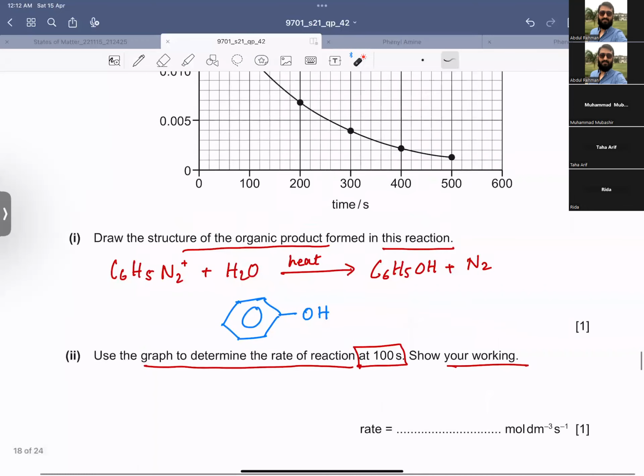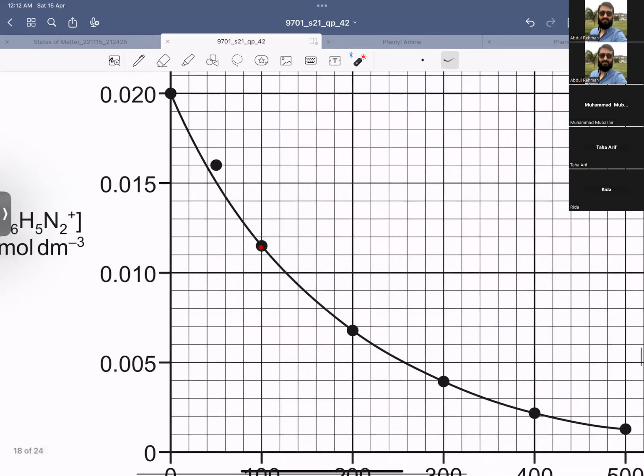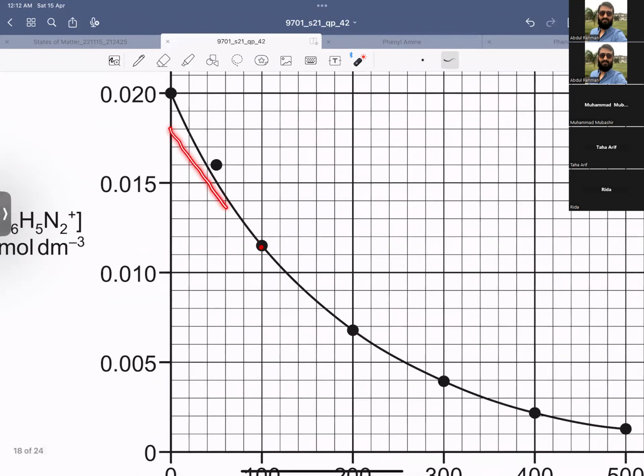Okay, so at 100 seconds, I have to draw the tangent.